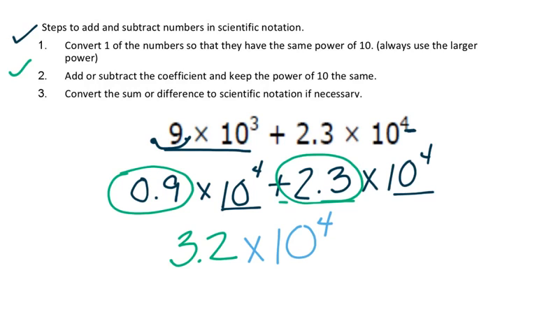The first thing it needs is a coefficient between 1 and 10. Well, let's look. Is my coefficient between 1 and 10? Yes. Then it needs a multiplication sign, which it has, and then it needs a power of 10, which it does. So, 9 times 10 to the third plus 2.3 times 10 to the fourth. When I add those together, my answer is 3.2 times 10 to the fourth.